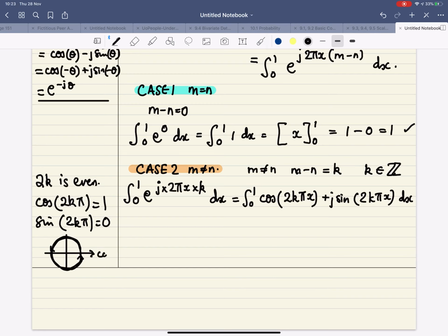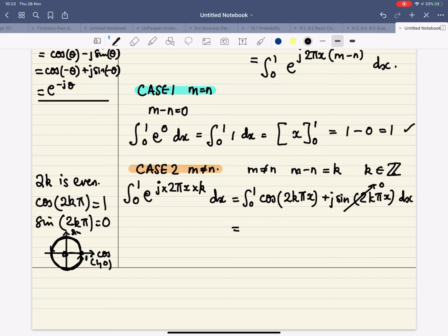Along here, the cos axis, that's 1, but along there the sine axis is at 0, because the coordinates there are 1 across, 0 up. So the cos is 1 and the sine here is 0. So the sine of 2k pi x is 0, and that simplifies things at that stage.